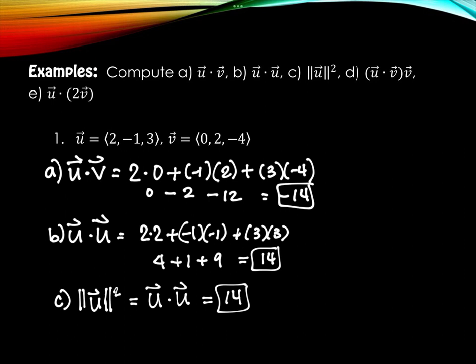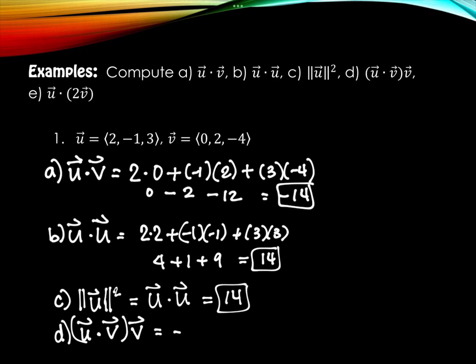D is a little interesting. It's actually going to give us a non-scalar. We're going to get a vector when we're done. So it's u dot v, and then it's multiplied by v. And notice there isn't a dot in between. Now, the reason there isn't a dot in between is because u dot v is not a vector. u dot v is a scalar. What is it? Negative 14. It's the first thing that we did.